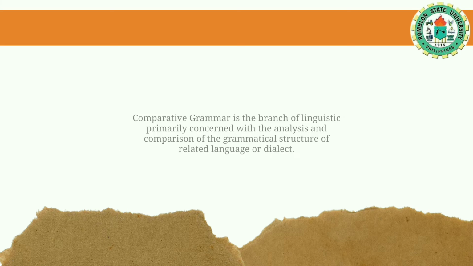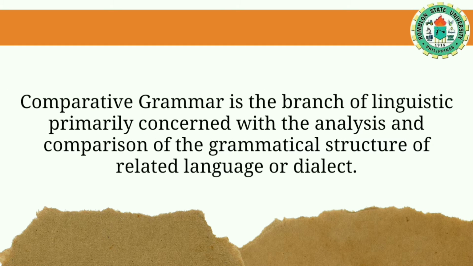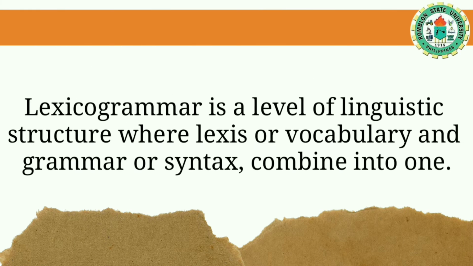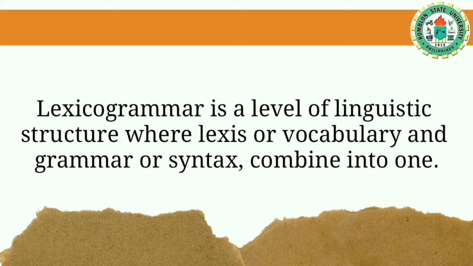Comparative grammar. Comparative grammar is the branch of linguistics primarily concerned with the analysis and comparison of the grammatical structure of related languages or dialects. Lexicogrammar. Lexicogrammar is a level of linguistic structure where lexis or vocabulary and grammar or syntax combine into one.